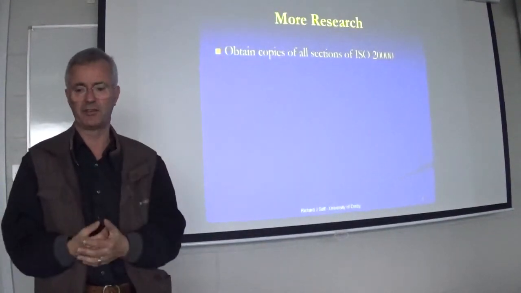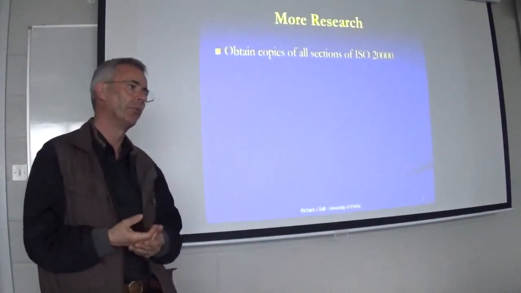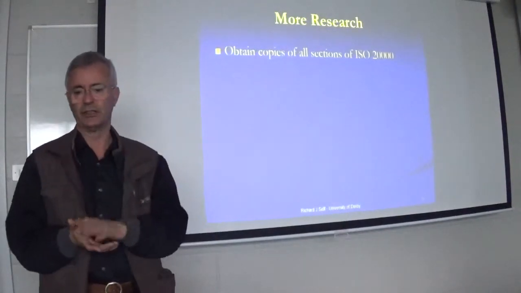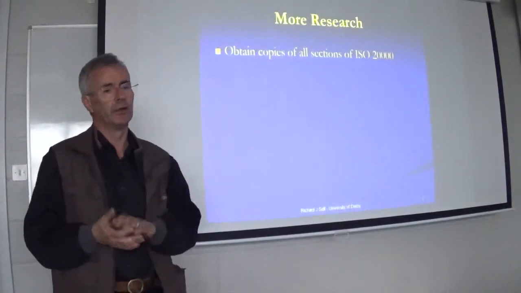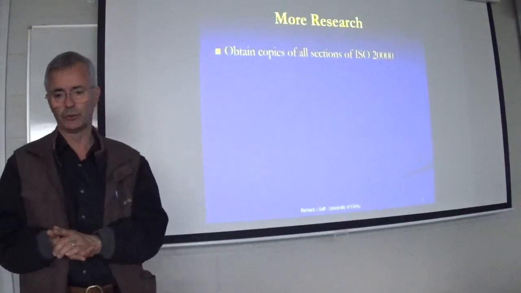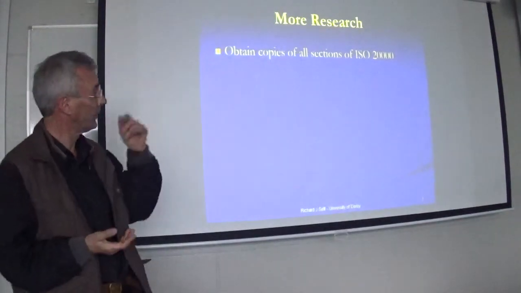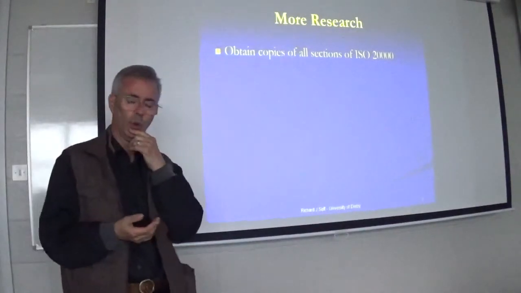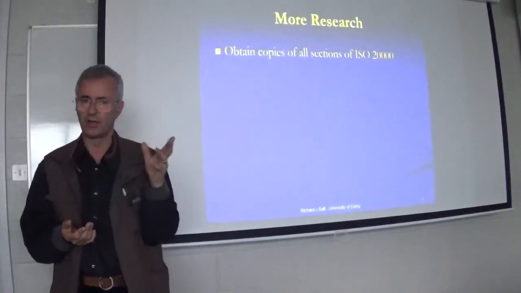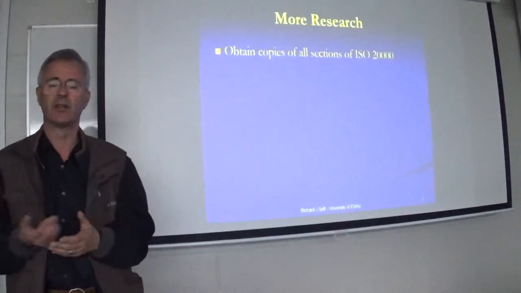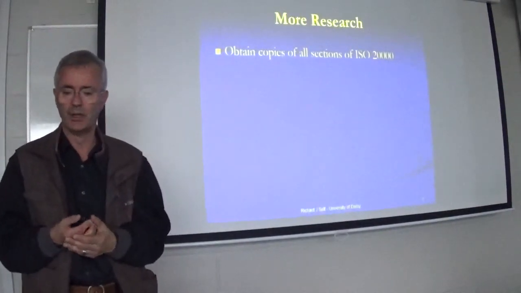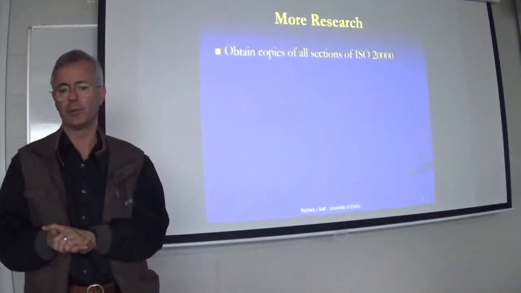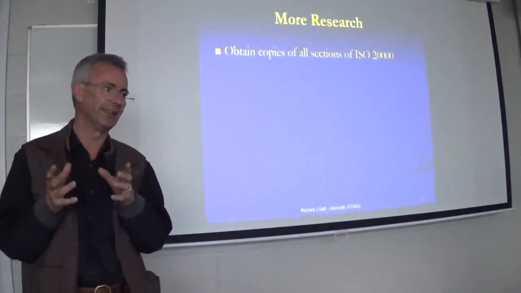There's various other sections in the 27000 range and the 20000 range that are all enormously valuable to you. So 20000 as well as 27002, and you might as well get all of the 27000 series, I think it goes to about 12 or so now, and you need to pick all of those up. 27002, however, to me is the critical one.